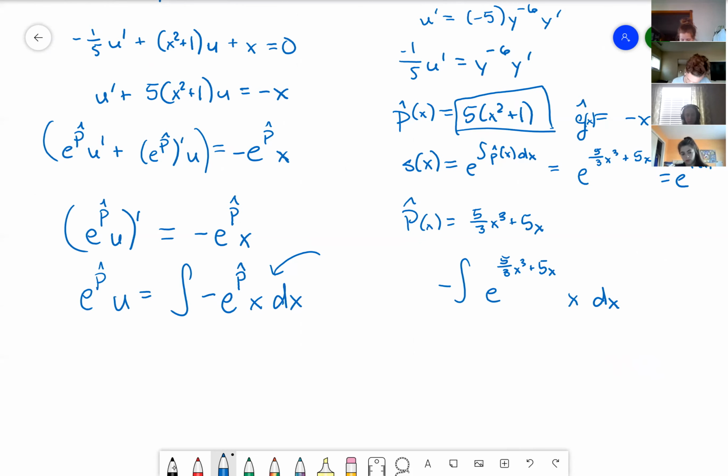What I want is the integral of e to the capital P of x times little p of x dx.